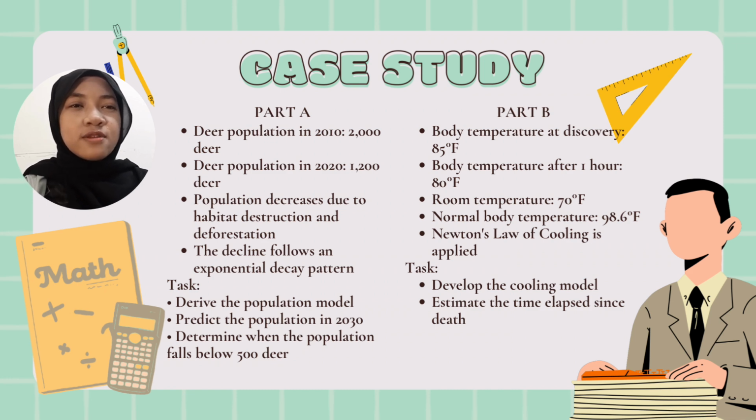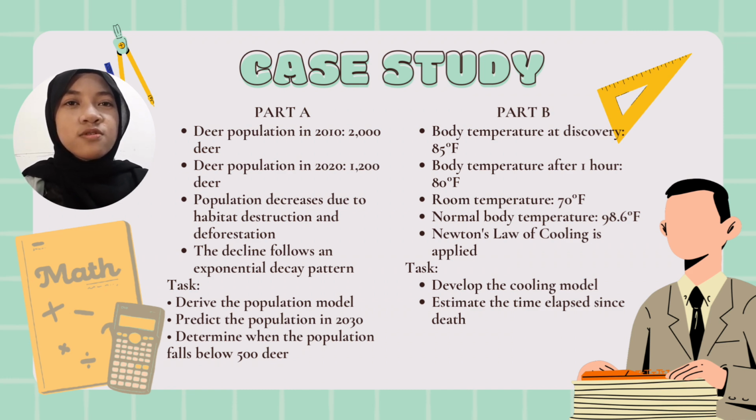Since the decline followed an exponential decay pattern, we need to develop a mathematical model to predict future population trends. The objectives of this study are to derive the deer population equation, predict the population in the year 2030, and determine when the population will fall below the critical level of 500 deer.